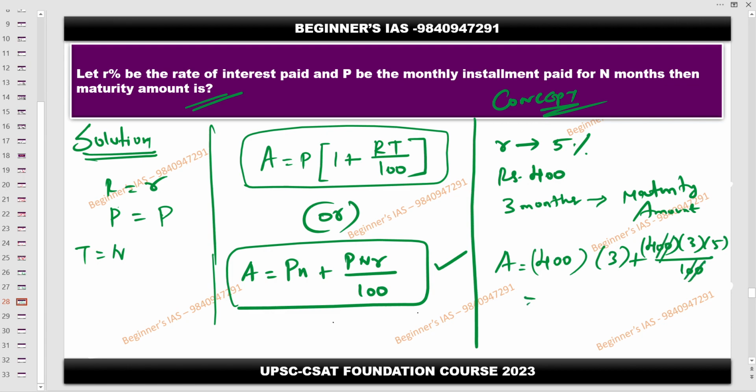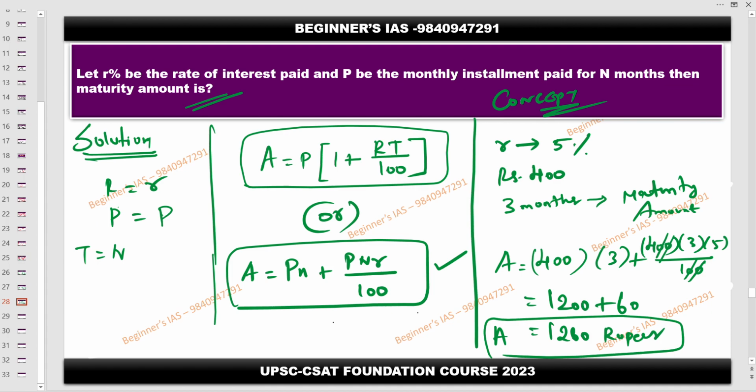This kind of model. 1200. Here 12 5s are 60. Clear? How to proceed if the question is dealing with this kind of model? Yes or no?